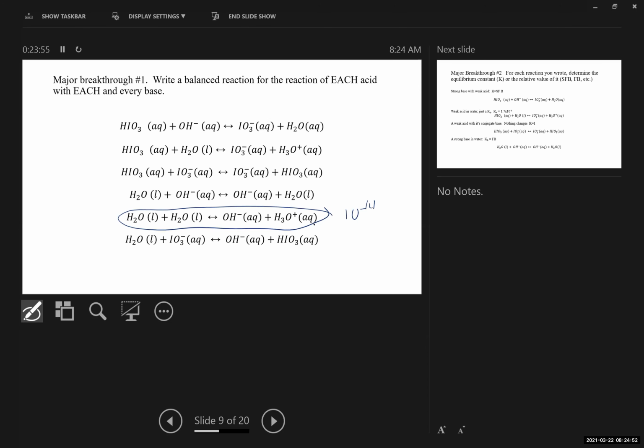Anthony says HIO3. I have 3 HIO3s. Which one are you referring to? I assume I know, but the one with water, which is just a Ka, which I think was 1.7 times 10 to the minus 4 for my table.